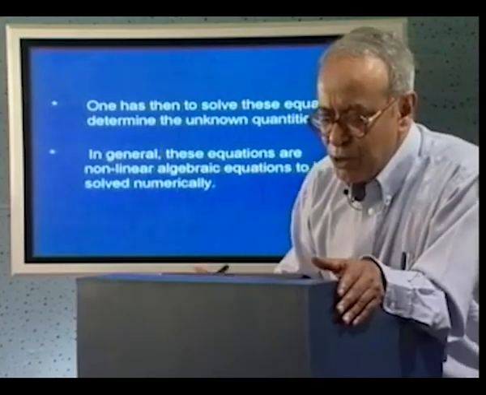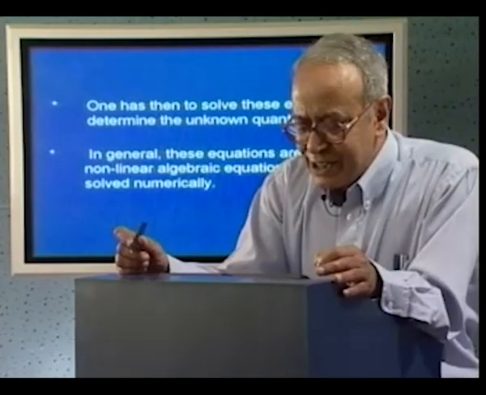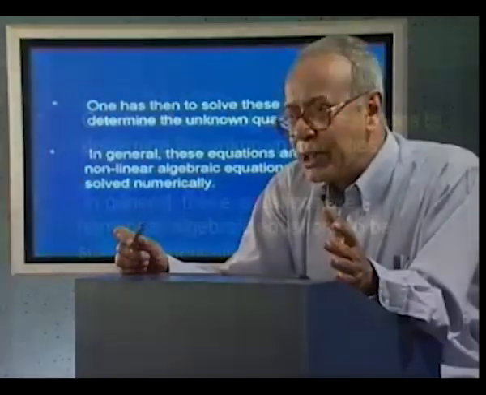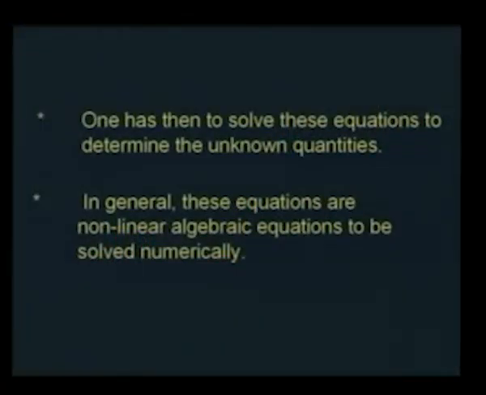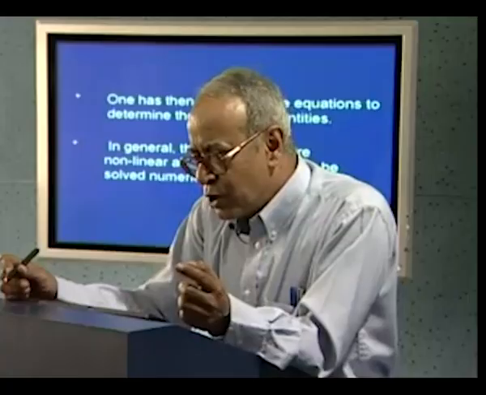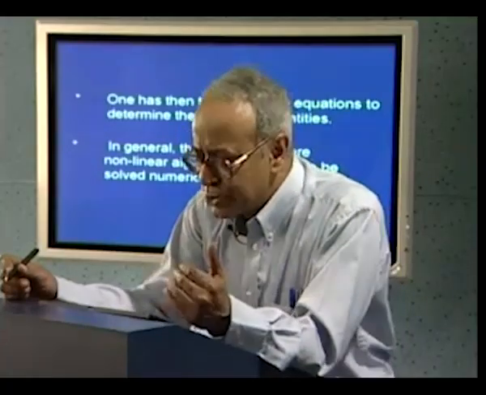And one has to remember that in general these equations are nonlinear algebraic equations and can be solved only numerically. However, in simpler cases, just like a 4R mechanism, or if there is a 4-link closed loop, then we can show that these nonlinear algebraic equations reduce to quadratic equations and can be solved analytically.